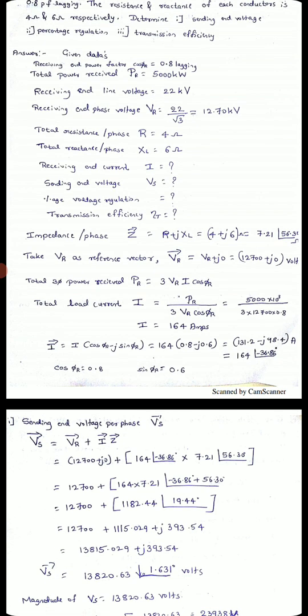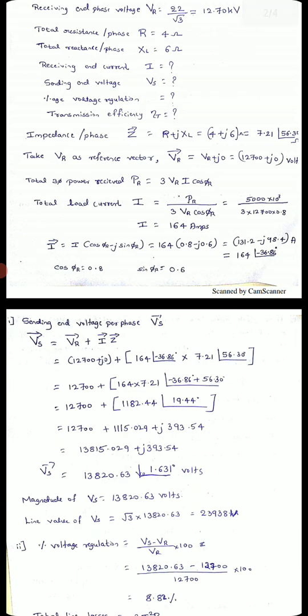Next we need to find VS. We know that VS is equal to VR plus IZ. This is the equation of the short transmission line. Writing all the values, VR we have written, I we just calculated, and Z we know as R plus jXL. After adding all these, we get VS as 13,820.63 at an angle of 1.61 degrees volts.